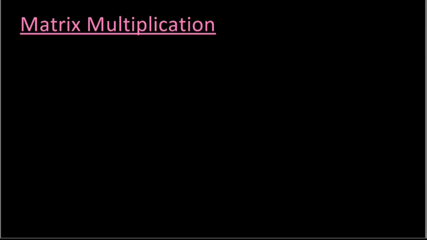Now we will talk about matrix multiplication. We know that multiplication of two numbers is commutative, which means two numbers can be multiplied in any order. The answer will be the same, such as 2 multiplied by 3 is the same as 3 multiplied by 2. But that is not true of two matrices.